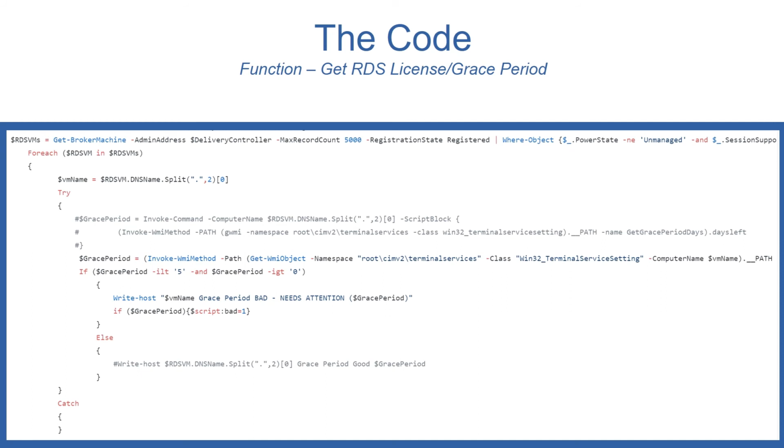If I'm not in my grace period, that means I'm talking to the RDS licensing server and I'm good to go. If I am in my grace period, then something's wrong, and after a certain amount of time in the grace period, it's not going to allow users to connect. So this will find those and alert accordingly.